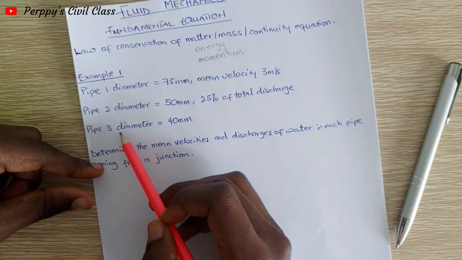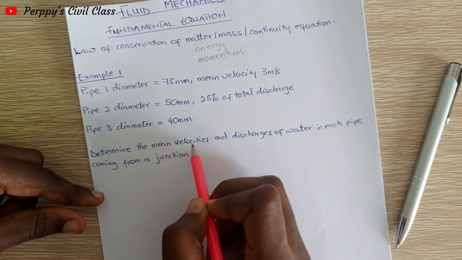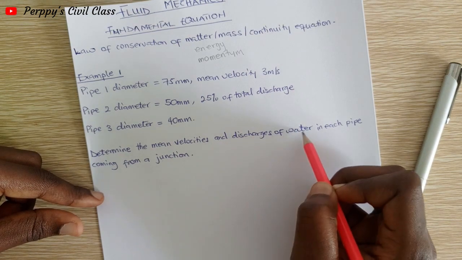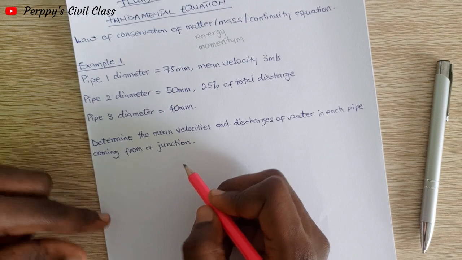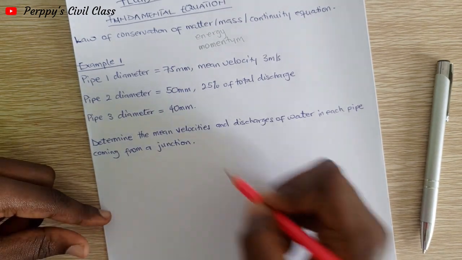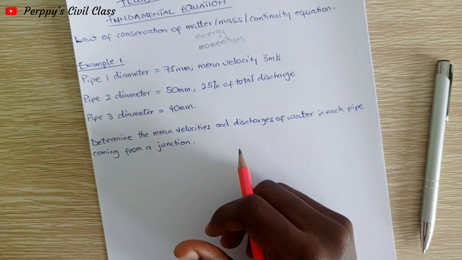And pipe 3 has a diameter of 40 mm. We are to determine the mean velocities and the discharges of water in each pipe coming from a junction. First of all, let's sketch our pipe. Then we know the data given.